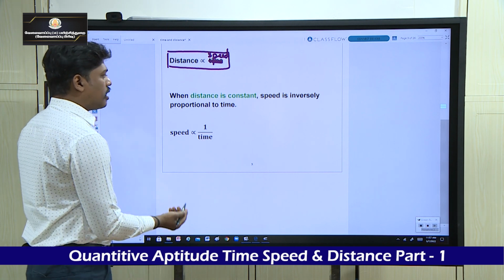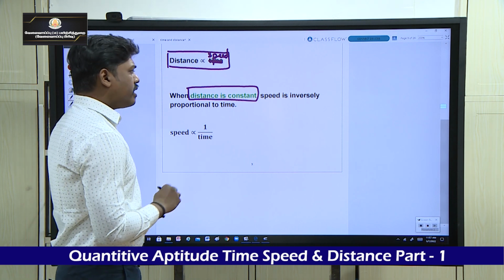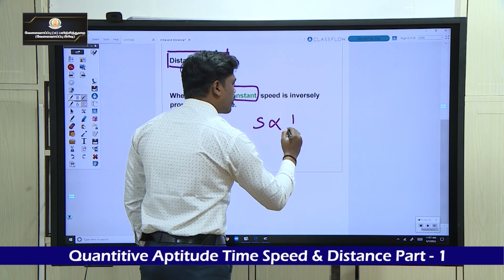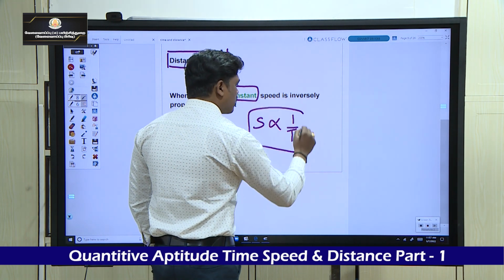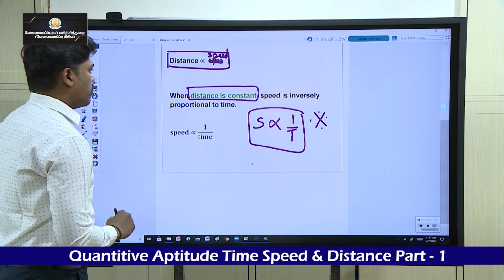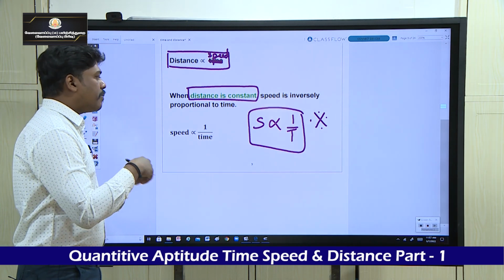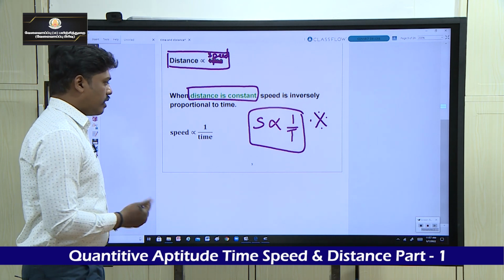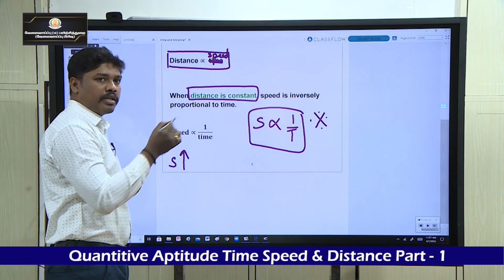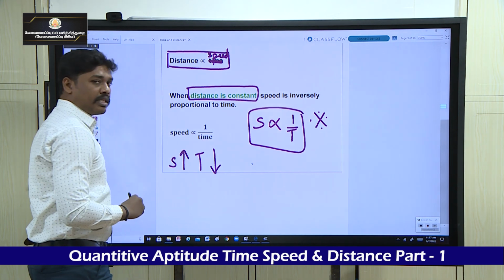Look at the next one, the third one. When distance is constant, when distance is the same, I can tell speed is inversely proportional to time. This is the most important concept. So when distance is constant, speed is inversely proportional to time taken, which means if the speed of a person increases, if he is going at a top speed, the time taken to reach the destination decreases.